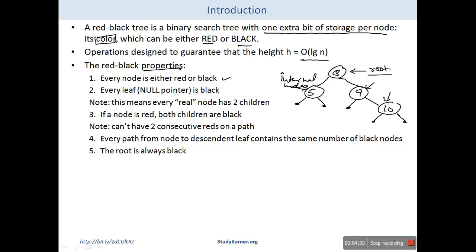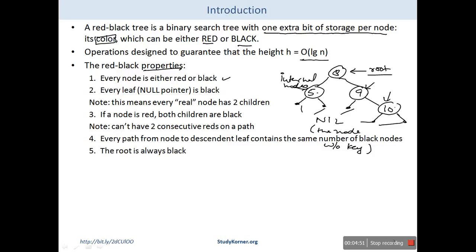So all internal nodes have some key value, and the leaves are nil nodes. Nil nodes means nodes without key value.